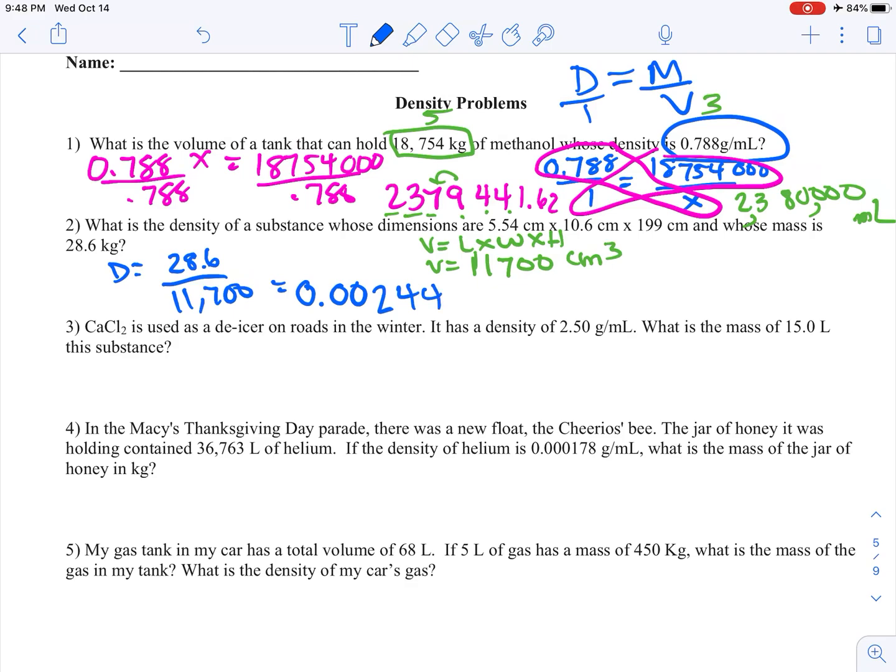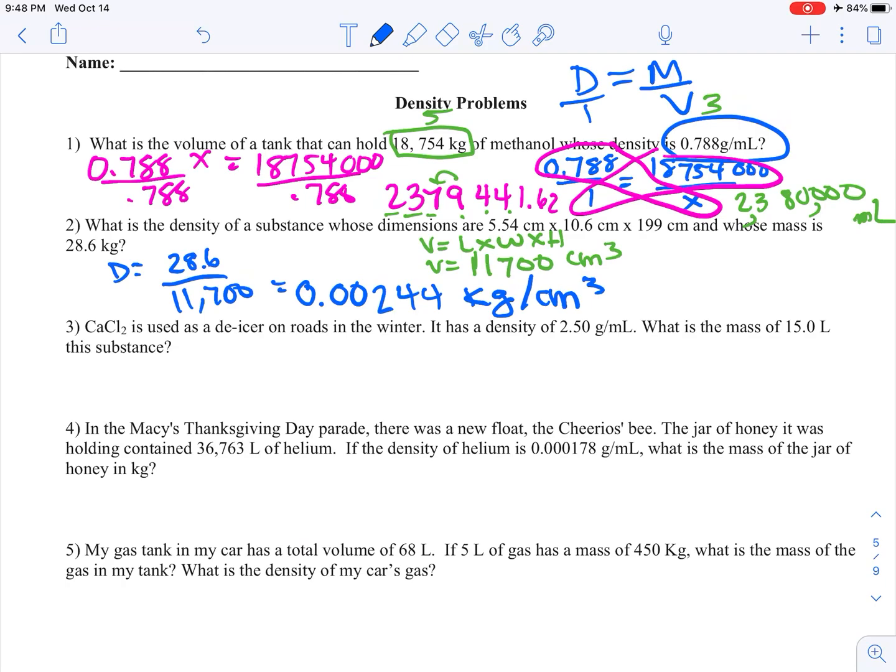And that's going to be units of kilograms per cubic centimeters. Okay? And by the way, if I make any mistakes and you have something different than me, that very well could be, I'm doing this quickly on the fly.